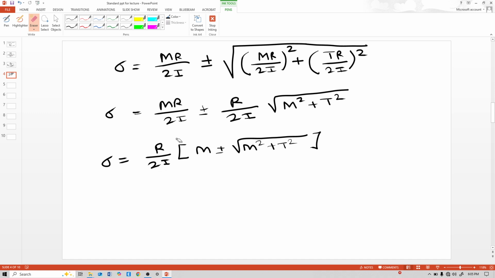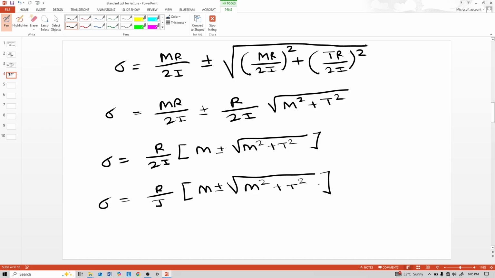Here see, this 2I is nothing but the polar moment of inertia, denoted as J. R by J in bracket, M plus minus under root of M square plus T square.